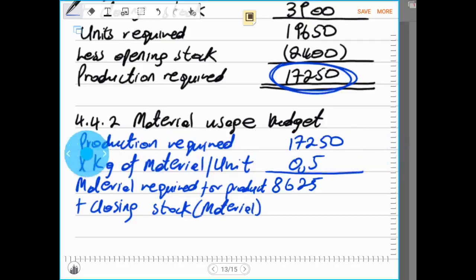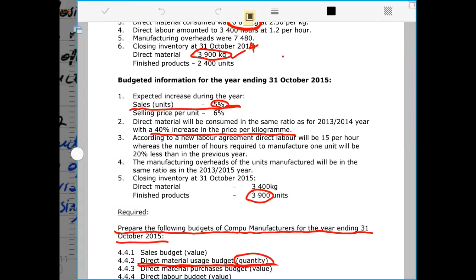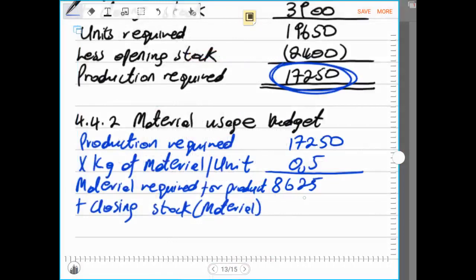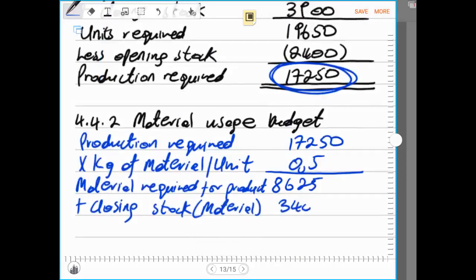Then our closing stock is given under the budgeted information, and our closing stock is 3,400 kgs of material, and our opening material is 3,900. So now we add the closing stock and we subtract the opening stock because opening stock comes from the previous accounting period. Then plus closing stock, which is given as an amount of 3,400, we add the 3,400.